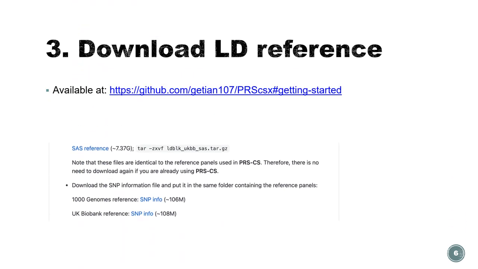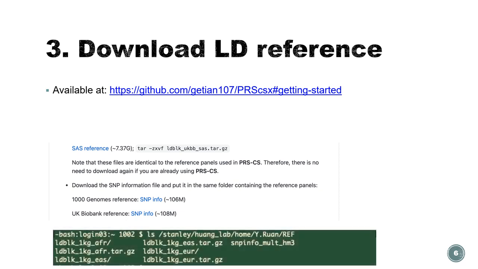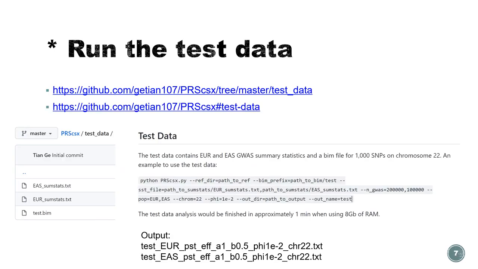You also need to download the SNP information and put it in the same directory with the other LD reference files. After you download all the software and the LD reference, you can run your first analysis. You can download the formatted test data and use the example command from the README test data to run the test. The test will be finished in about 1 minute, and you will have 2 txt files as the output.